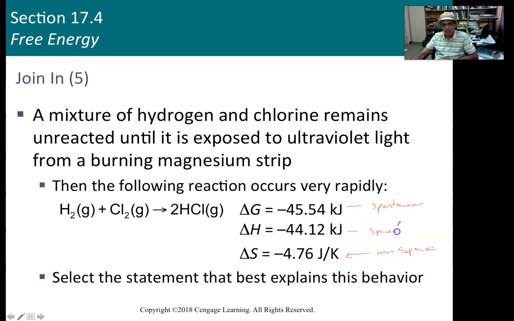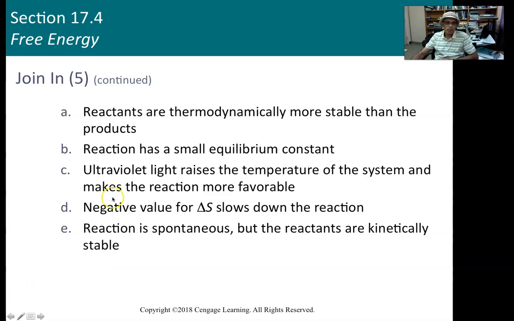We were looking at that in the surroundings. This will be a spontaneous process. So what is going to happen here is this. You will need to establish whether those are the right conditions for the reaction to be spontaneous or not. So out of these choices, which one is the best?